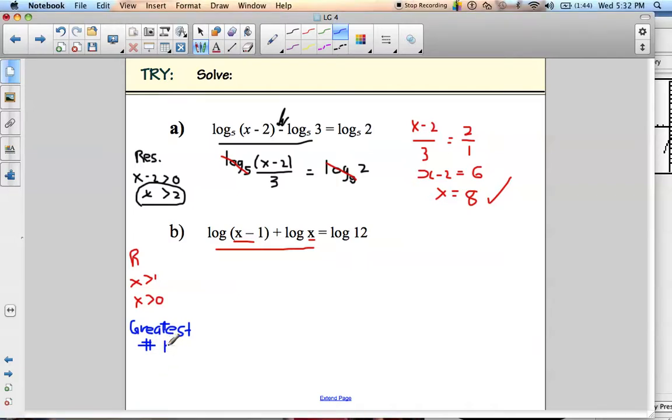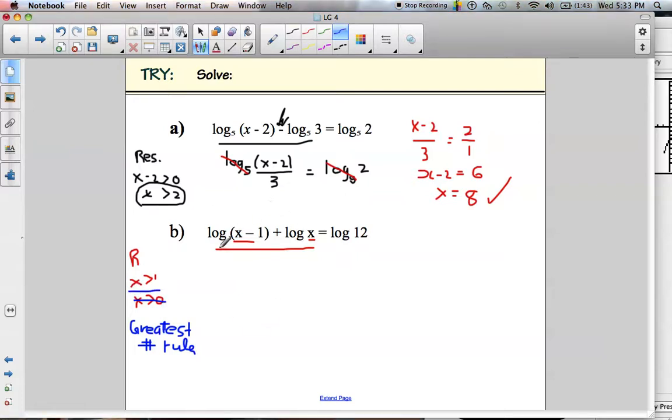Okay, so if you look at these questions, we know that 1 is greater than 0. So this one is scratched out because 1 is greater. So there's my restriction right here.